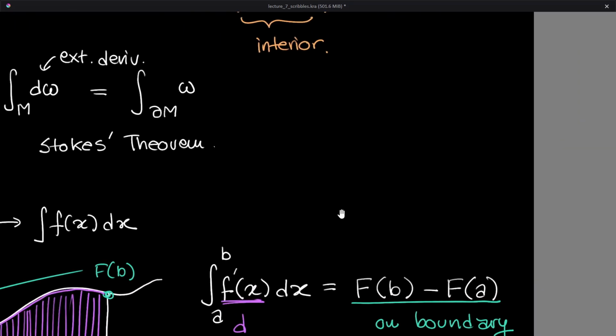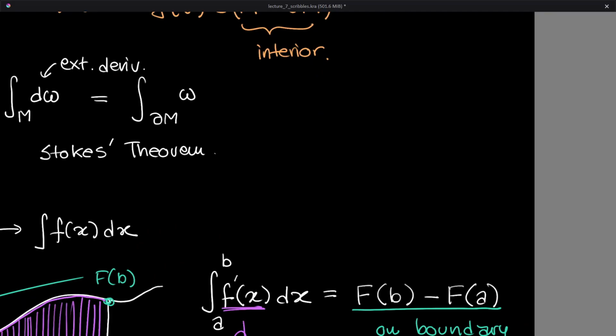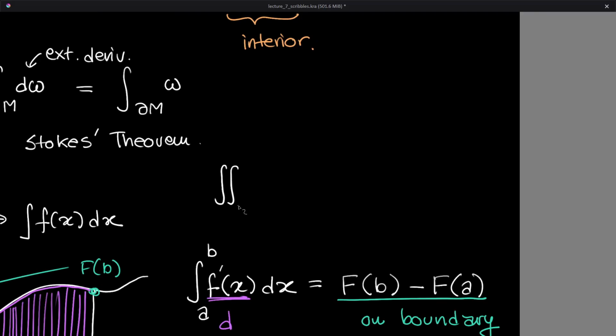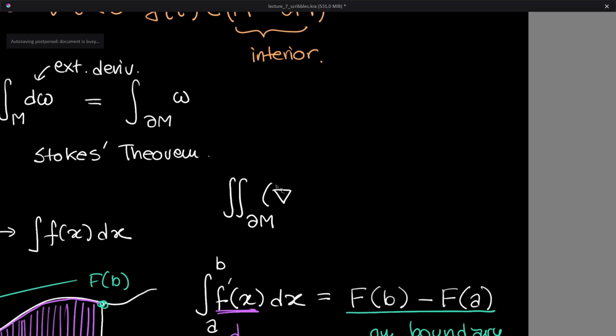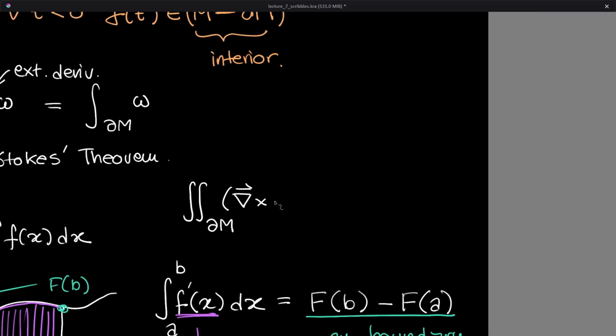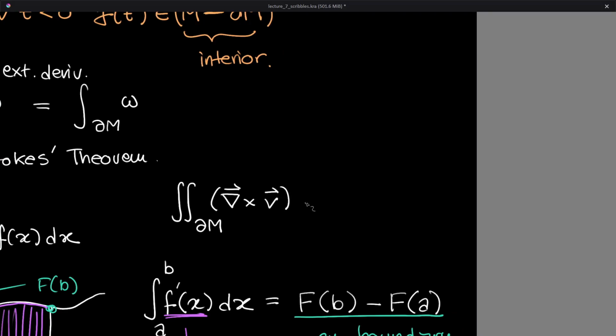There's a particular one that looks like this. Let me pull it up so that I can write it correctly. The double integral, the surface integral, over a surface, we're going to call it del m. That's going to be our surface. The curl of a vector... well, this is Maxwell's equation.